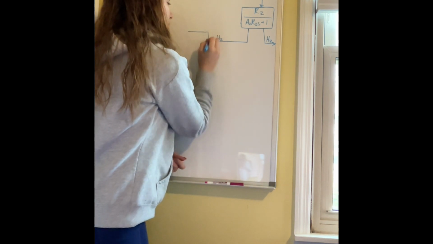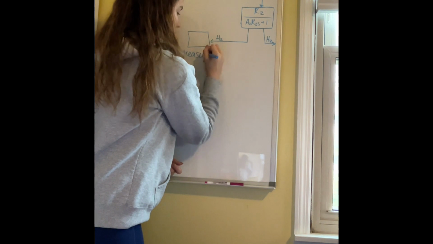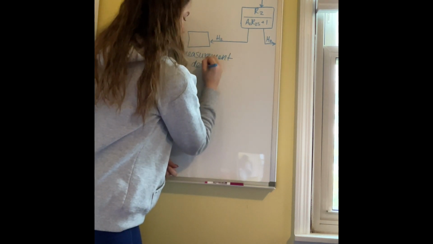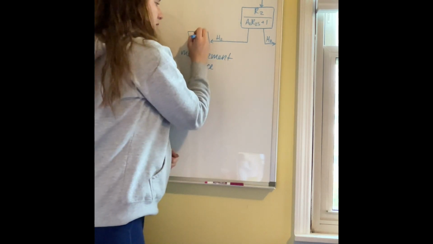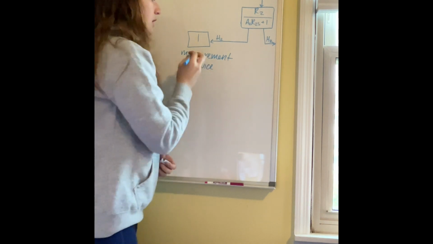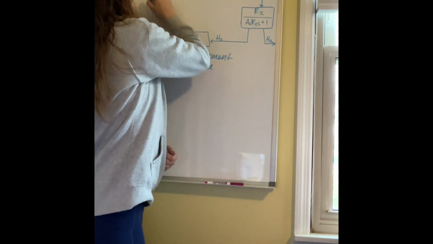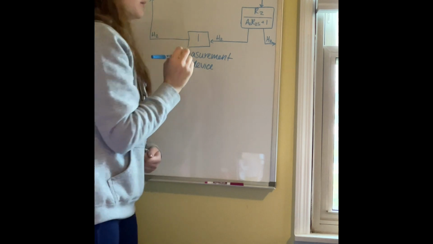So we're going to have our measurement device here. And we are just going to say that our measurement device multiplies by 1 since we're already given our unit in meters.